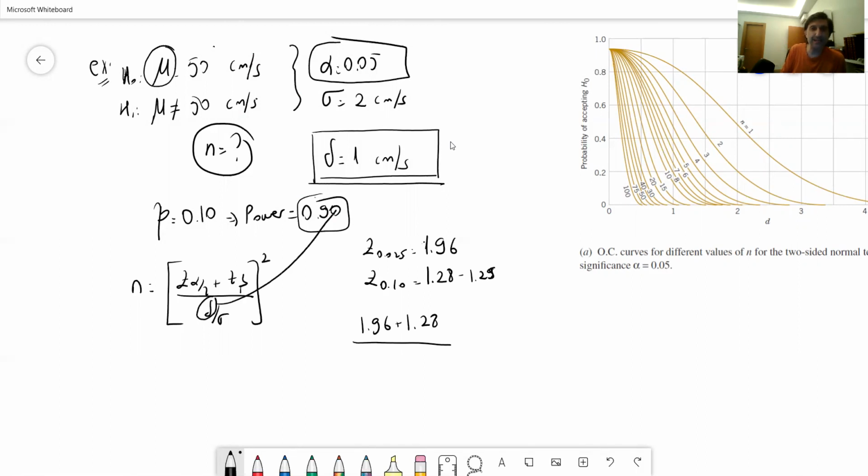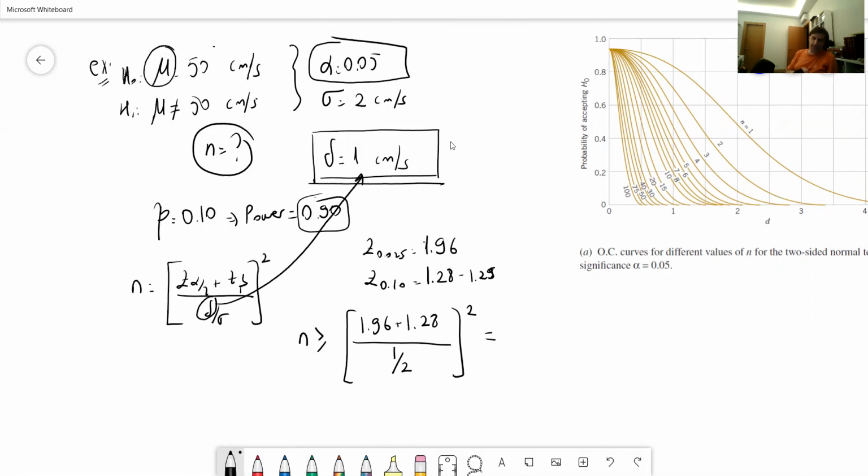So we are going to add these numbers, divided by the effect size. As we said, we would like to detect this much of a perturbation in the population mean. Therefore, it's going to be 0.5 of perturbation with respect to the population standard deviation. So N is going to be greater than or equal to this value, because it is probably a real number, not an integer.